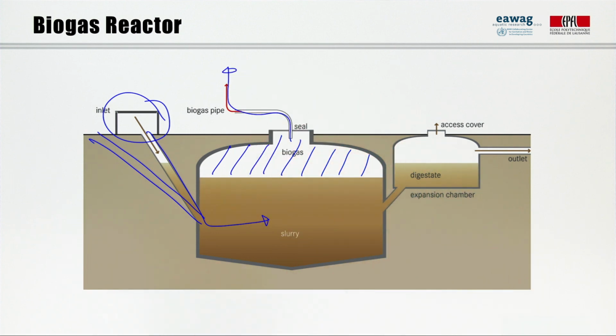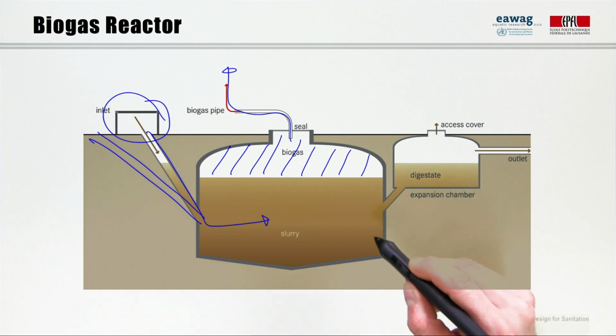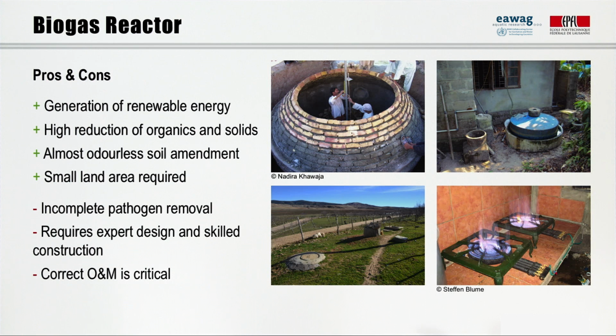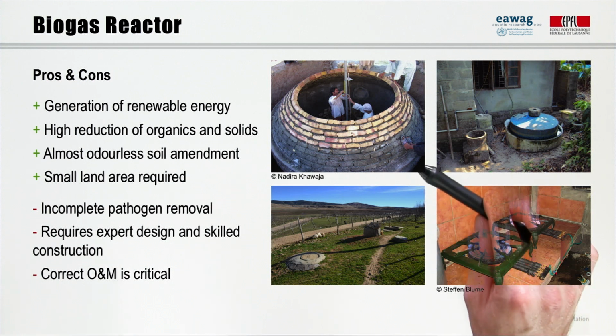When new substrate is added to the reactor, or when the gas pressure rises, the digestate flows into the expansion chamber from where it can be removed. On the photos, you can see some examples of different biogas reactor designs. The picture on the upper left shows a fixed dome reactor under construction.